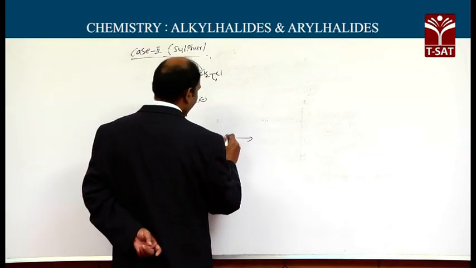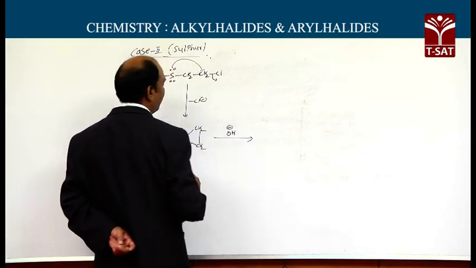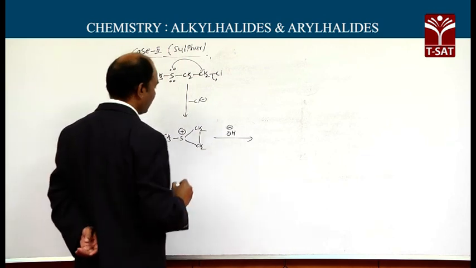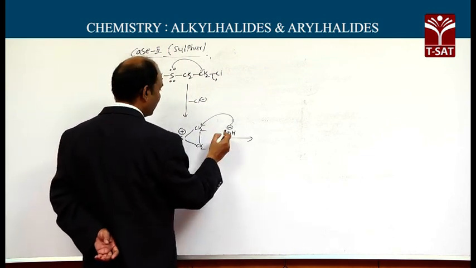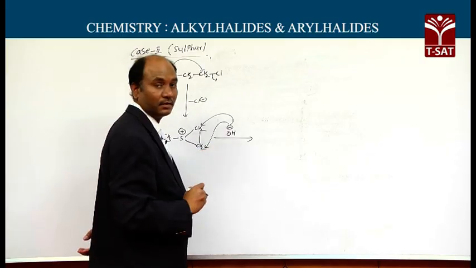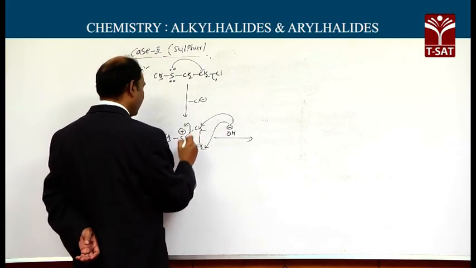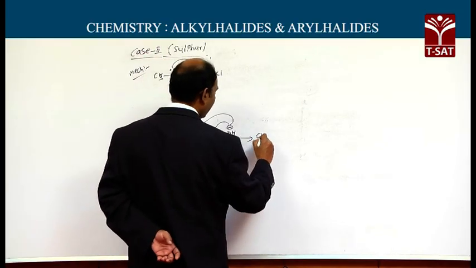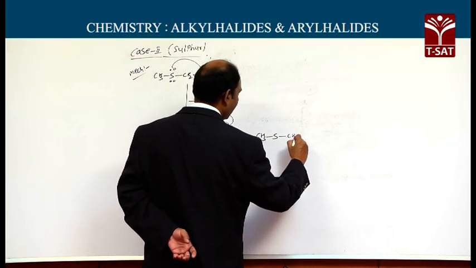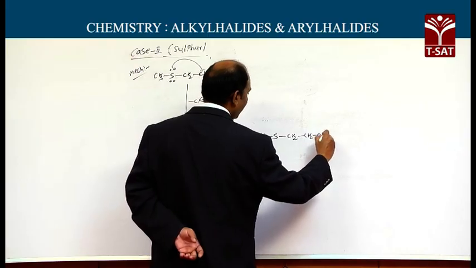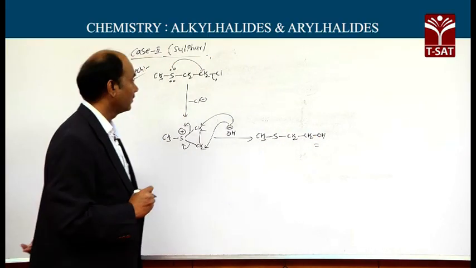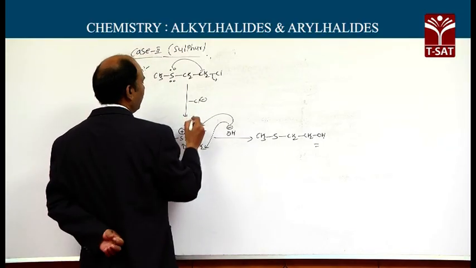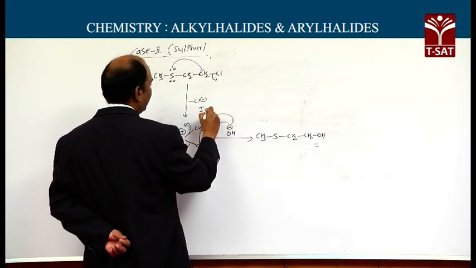Now the attack of OH minus: this OH minus may attack here, or this OH minus may attack here. So this ring opens, or otherwise this one ring opens. What we get here is CH3SCH2OH, this compound is formed. If you observe, this is internal nucleophilic substitution. First of all, one inversion takes place.